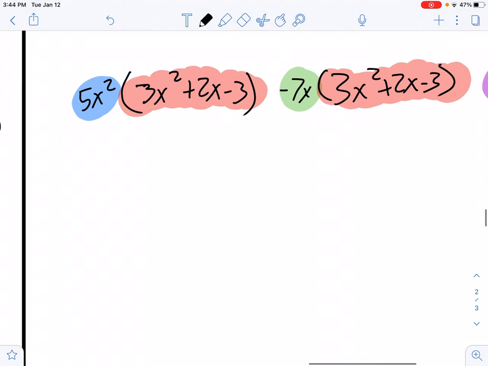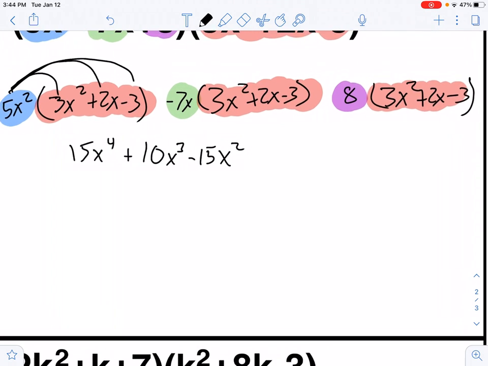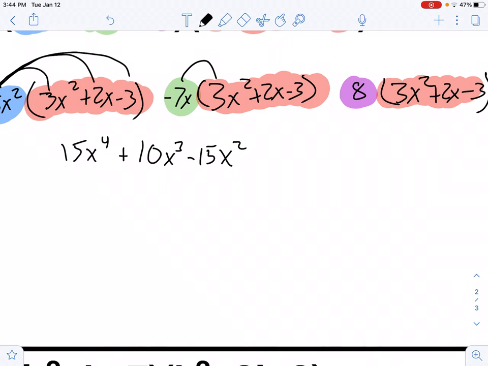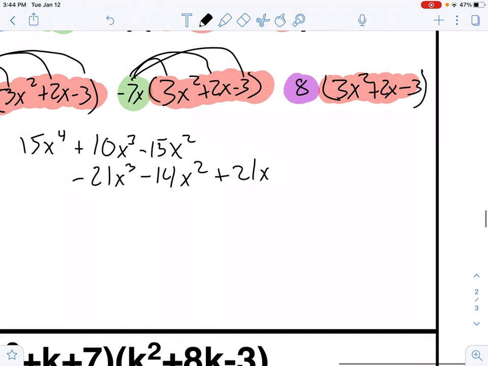So I'm going to do my first piece. And then I'm doing my second piece. And then I'm doing my third piece. And I'm always lining up my like terms.